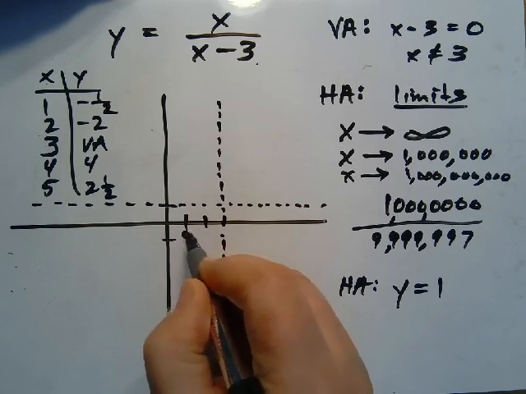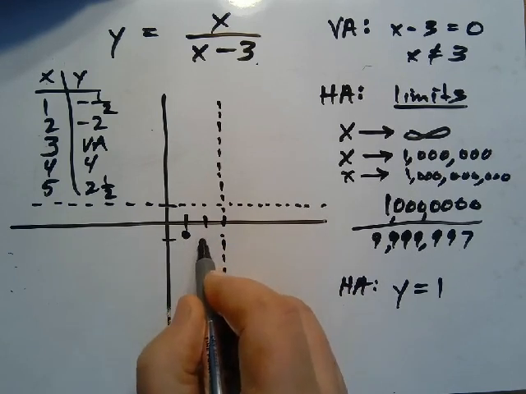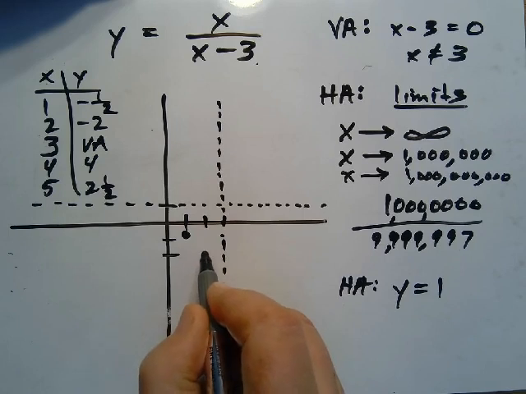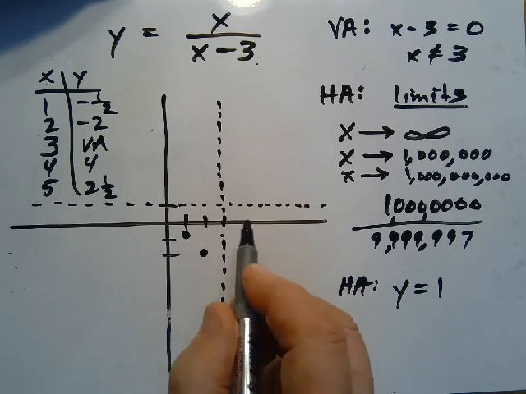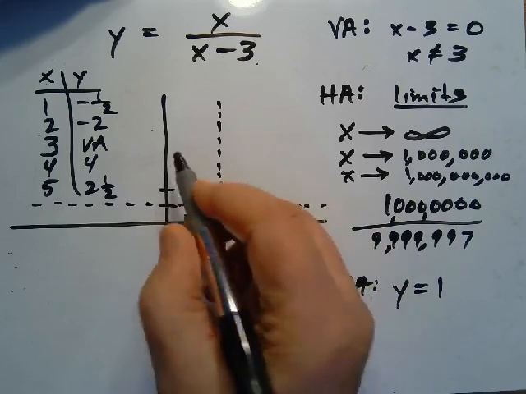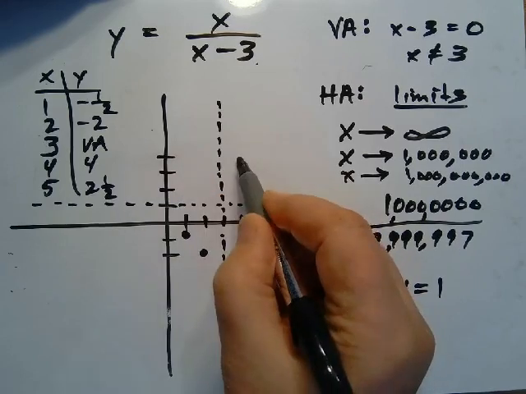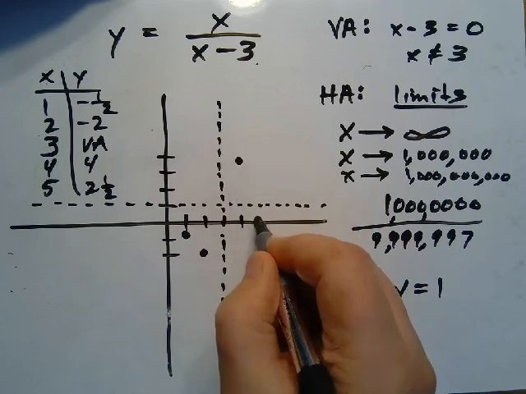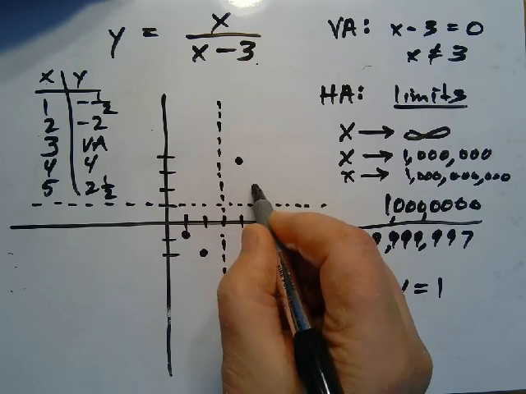It'll be right here. 2 goes to negative 2. 3 is a vertical asymptote. 4 goes to 4. 2, 3, 4. And 5 goes to 2 1/2.